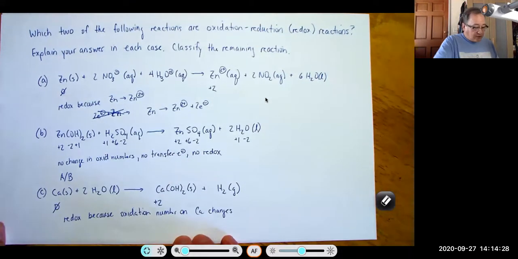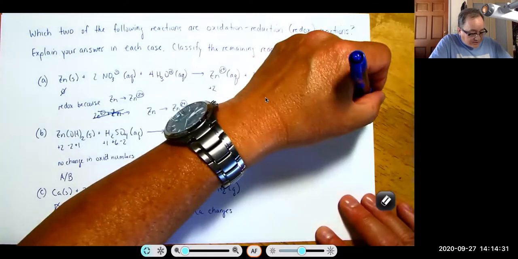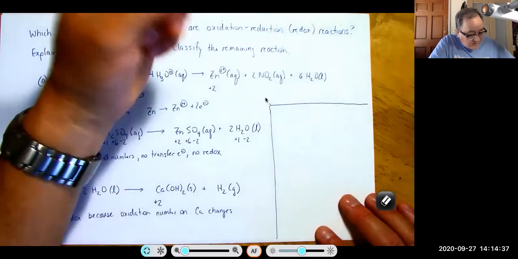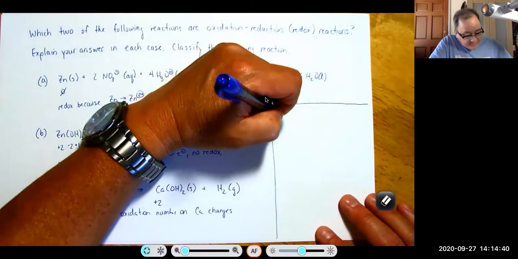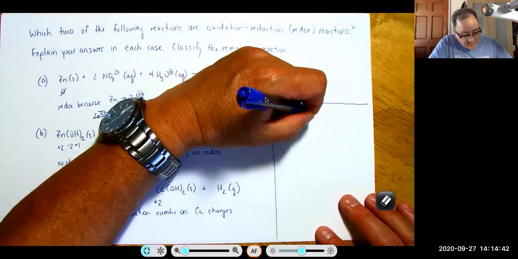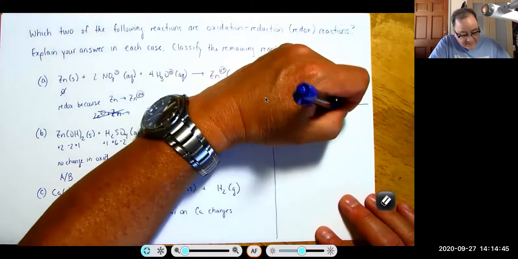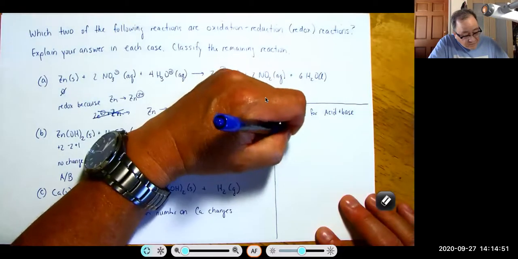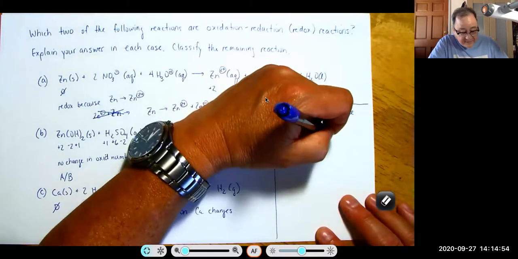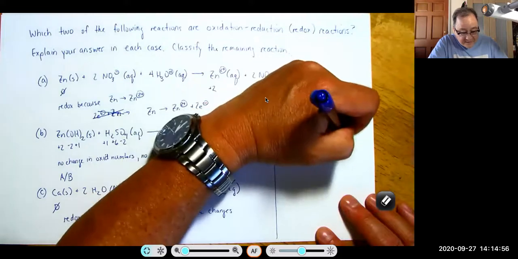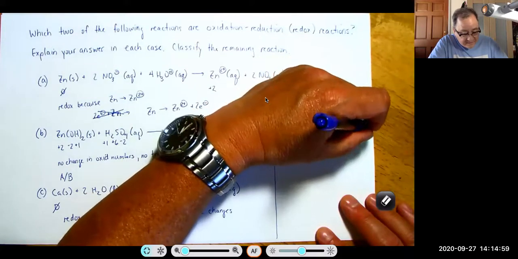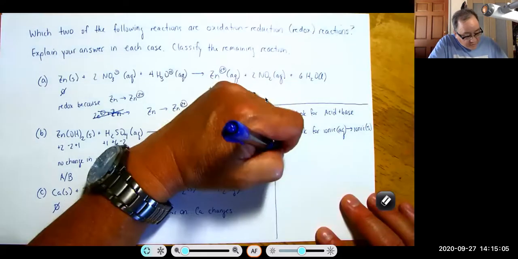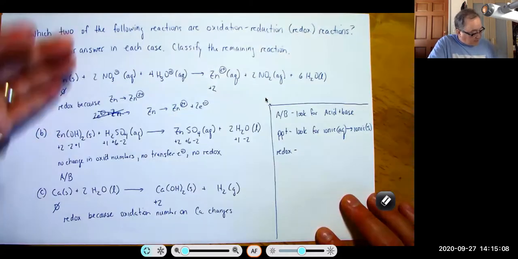Okay? So if you want a quick and dirty way to look at each of these reactions and classify them: if you look at acid-base, you look for an acid and a base. Precipitation, you look for ionic, aqueous solutions making an ionic solid. If you look for redox, let's see if we see something in common with these 2 redox reactions.